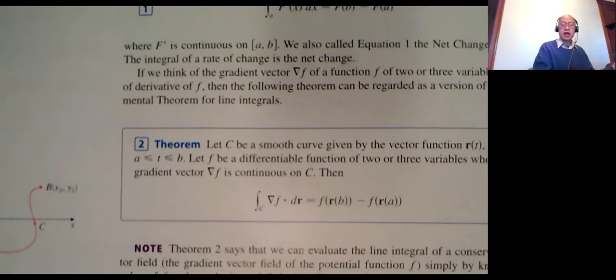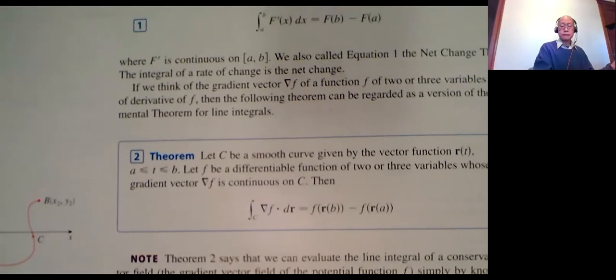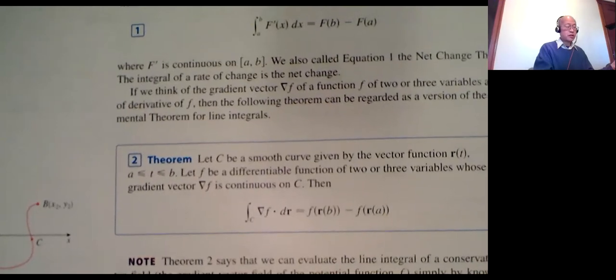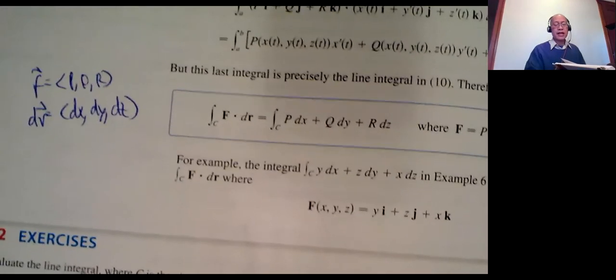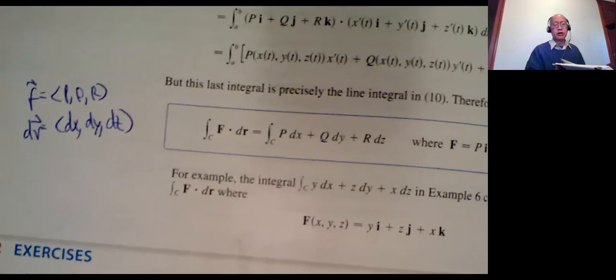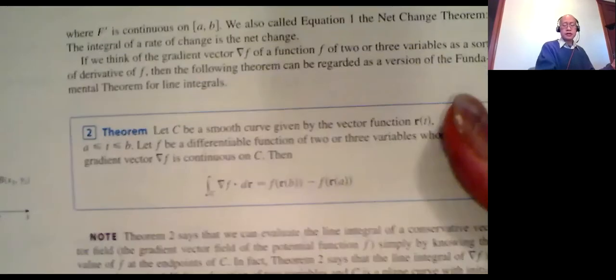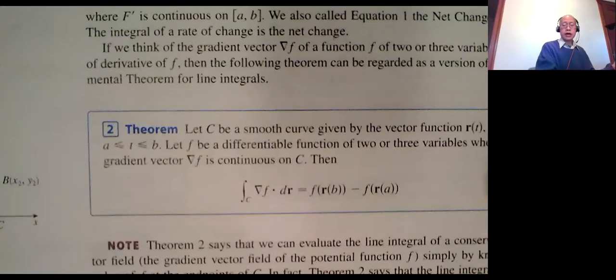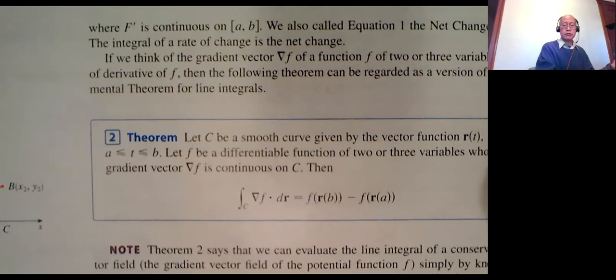Now it's not just F dot dr, it's del f, which means the result of a gradient. Okay, it's the gradient of something. That's a little bit different than this F dot dr. That capital F there doesn't have to be the result of the gradient of some little f. This one does. Okay, so del f, it's a vector. It's the gradient of some other little f.